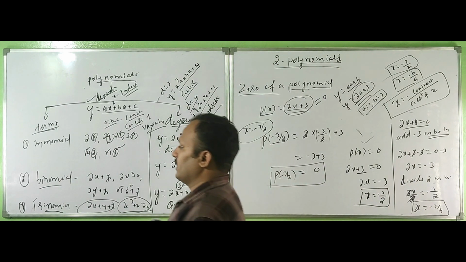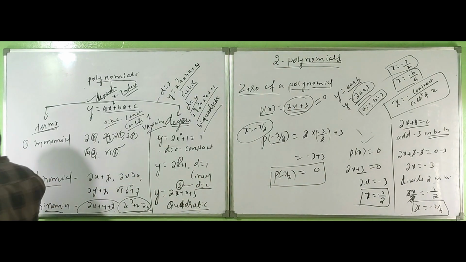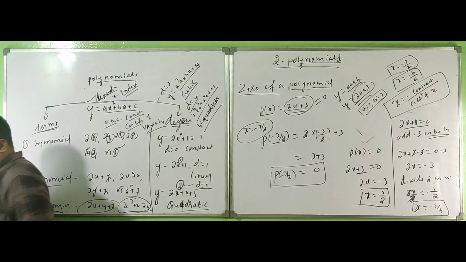Let's see the next concept, the geometrical meaning of the polynomial. Okay students, geometrical means graphical.